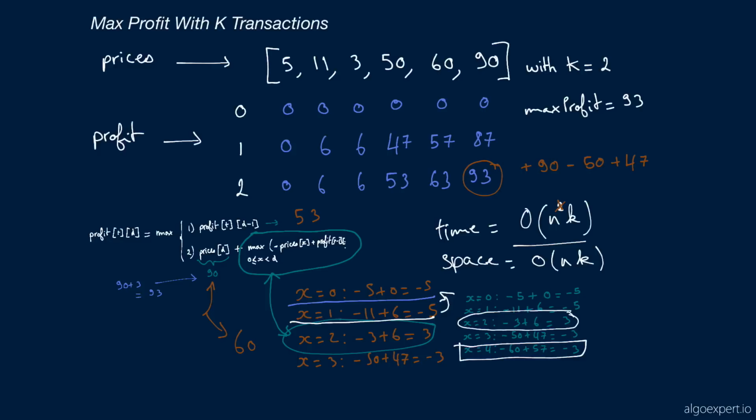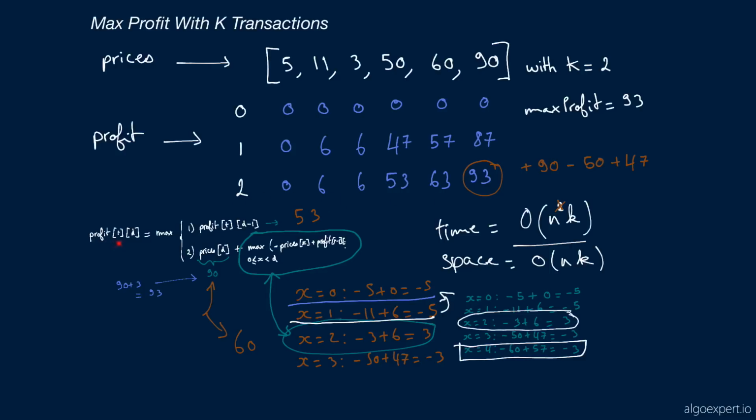How? Well, oftentimes, and you'll notice this in a lot of other dynamic programming problems on the website, when you want to see if you can do better in space complexity, you have to go back to your formula, the formula that you're using to build the array, and see what values you're using in this formula and what values you really rely on. And it turns out here, if you notice carefully, we're only relying on values either on the current row that we're at, profit at t, right?